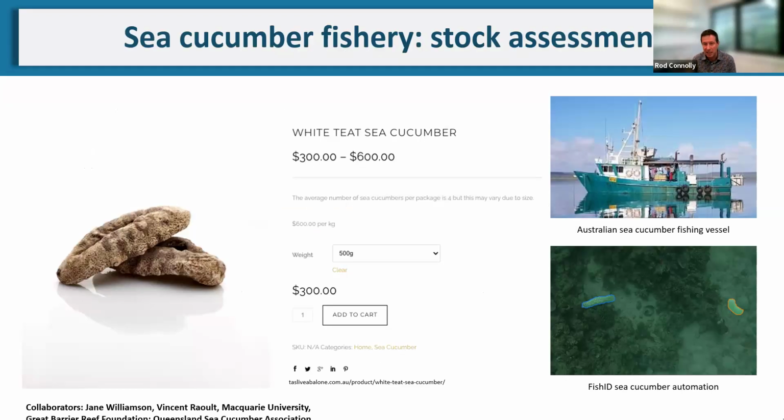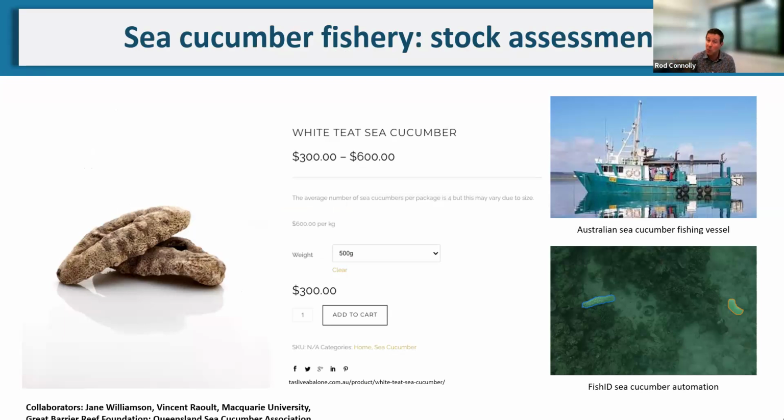My third case study is a classic stock assessment situation. We want fisheries independent data for, in this case, how many sea cucumbers are out there in the ocean. And so sea cucumber fisheries around the world, whether they be small local fisheries, or in this case, large commercial fisheries with big boats, they're worth quite a lot of money.